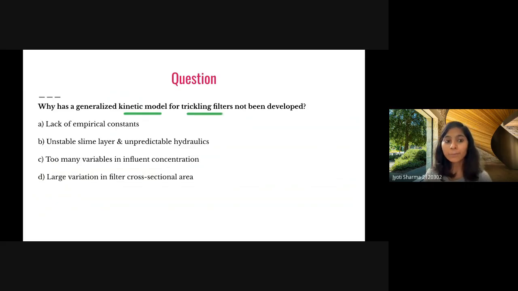But why? We have four options here: lack of empirical constants, unstable slime layer and unpredictable hydraulics, too many variables in influent concentration, large variation in filter cross sectional area. What do you think? What is the right answer? Okay, so Priscilla gave me a very quick B option.